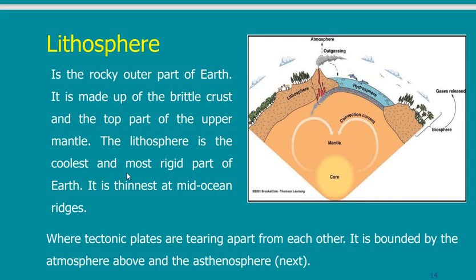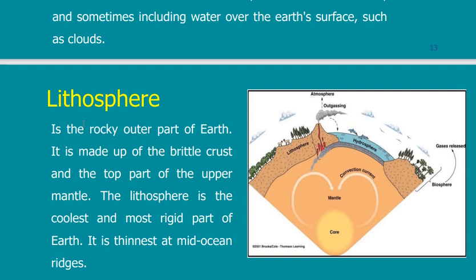Of course, again, it is thinnest at mid-ocean ridges, because we said that the crust is thin at mid-ocean. So if I add this to part of the mantle, it will still be the thinnest part. If I try to compare the lithosphere, where is the thinnest part of the lithosphere?